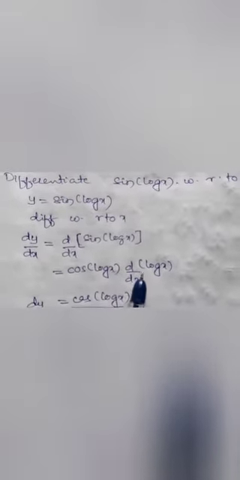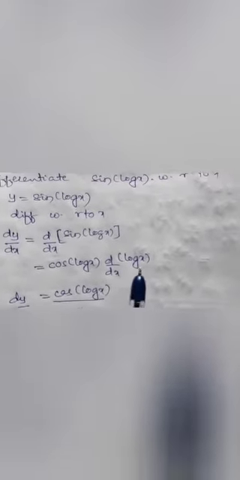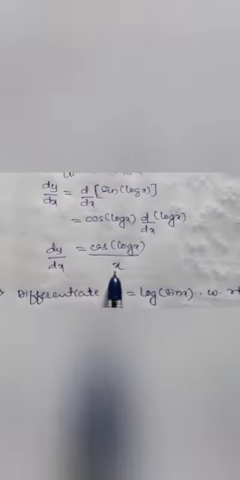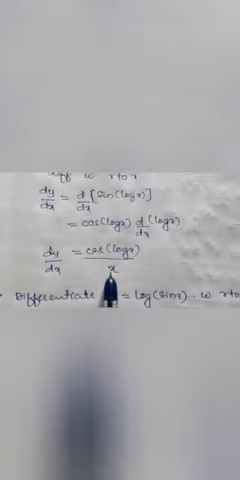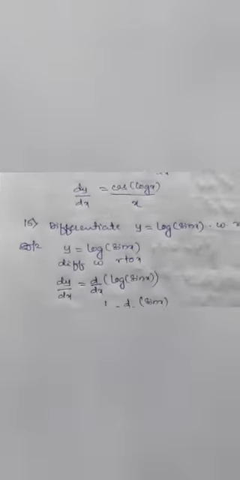And again differentiate the x value, what is it? Log x. We have to take separately d by dx of log x. We get cos log x. The differentiation of log x means 1 by x. The whole value is dy by dx equal to cos log x divided by x.